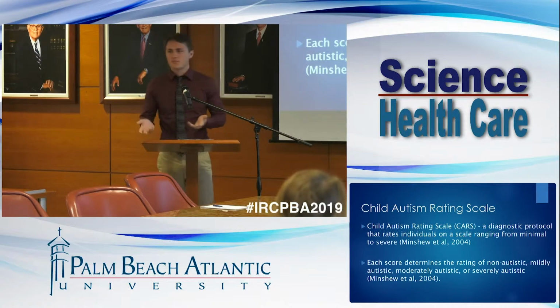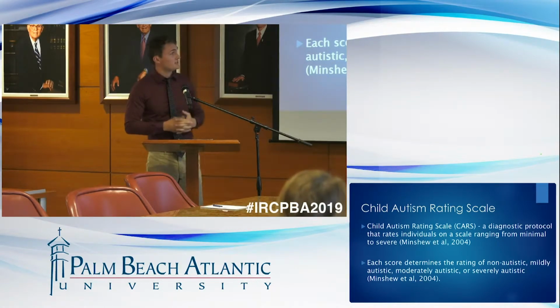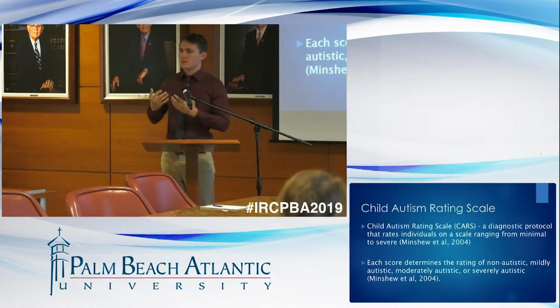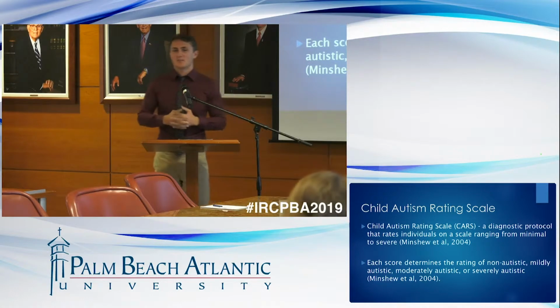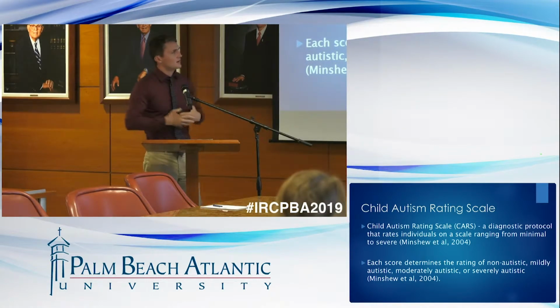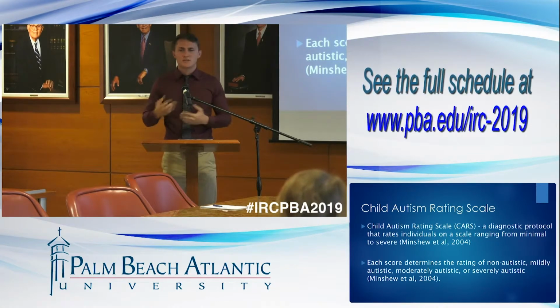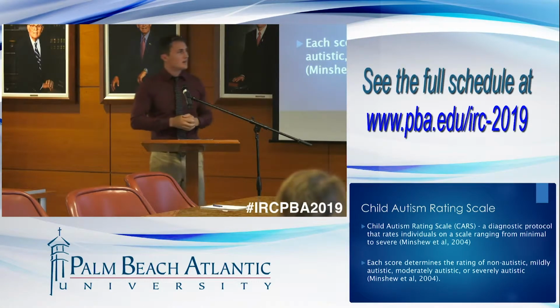The CARS scale consists of 15 categories, each scored on a scale of 0 to 3. They're looking for social cues, motor skills, cognition, and communication skills.